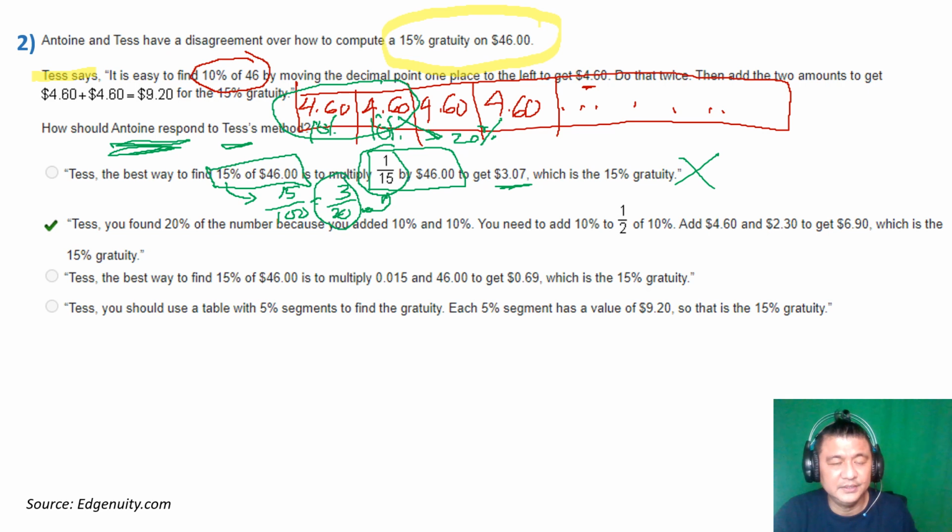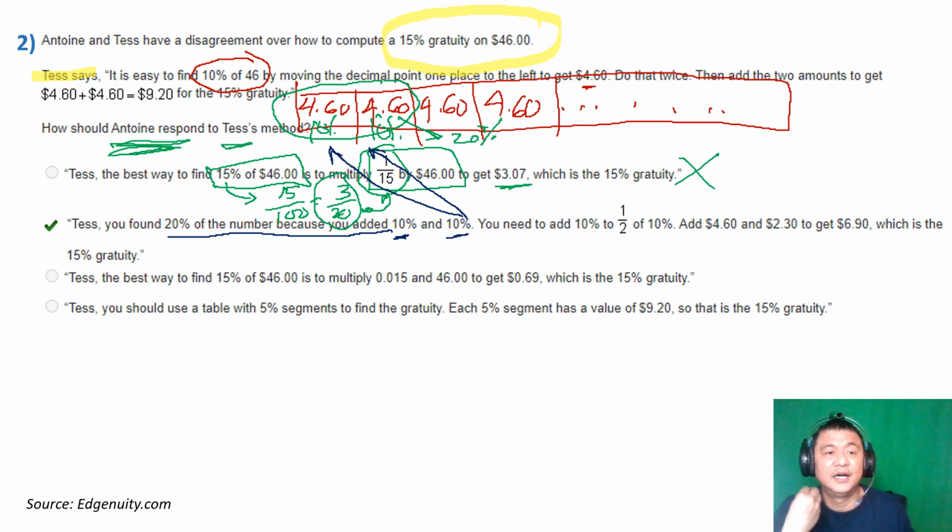For the next way, Tess, you found 20% of the number because you added the 10 and the 10. She's correcting her. No, you can't do that. Now Anton is telling Tess what to do: you need to add 10% to one half of 10%. So you need to know the 10%, which is what? $4.60.